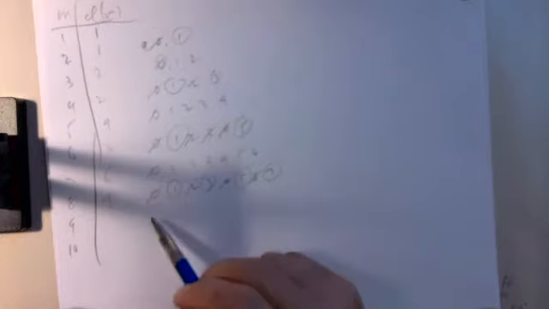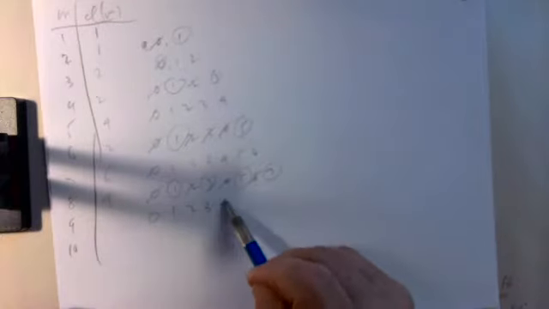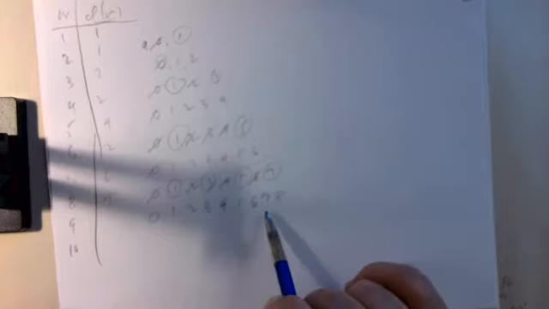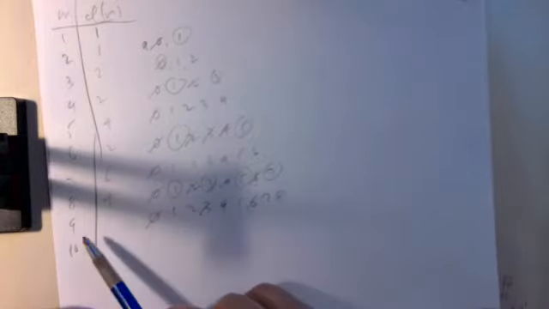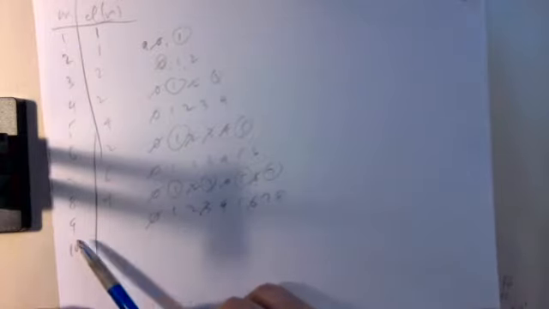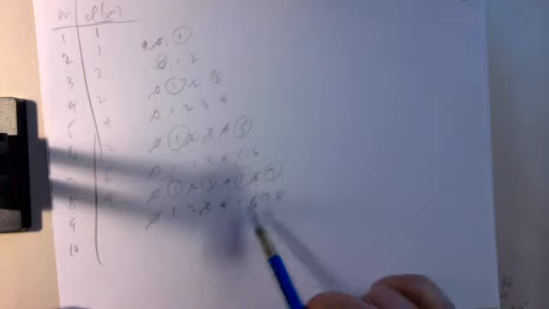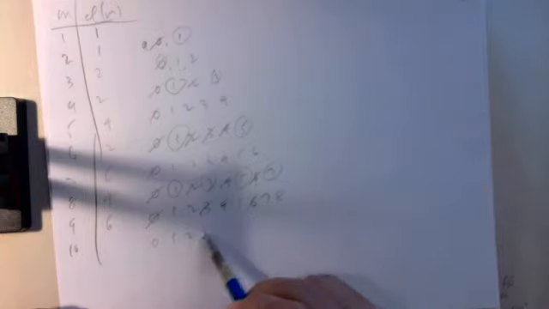What about phi of 9? You look at the numbers from 0 to 8. All the multiples of 3 can be crossed out because they have a factor 3 in common with 9. But 1, 2, 4, 5, 7, 8, they're relatively prime to 9. So phi of 9 is 6. Finally, let's look at 10.